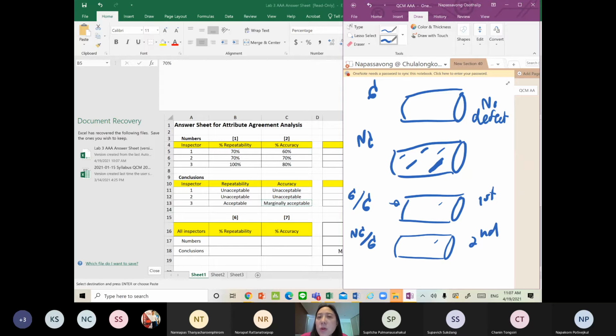So the point is that that person is not so sure about the standards, whether this defect should pass or not, because he is not so clear about the standards, or the standard is clear but he is not well trained to judge whether this should be defective or not.